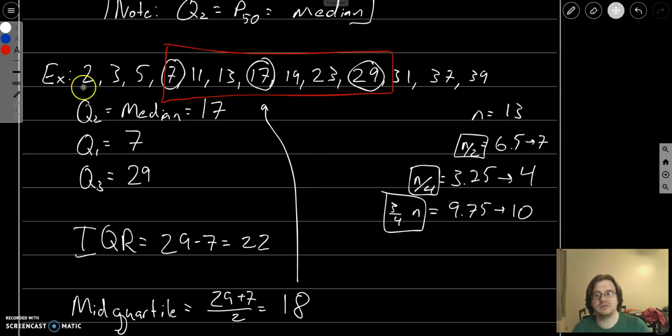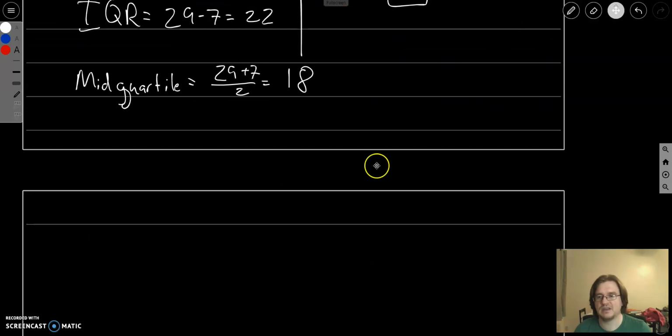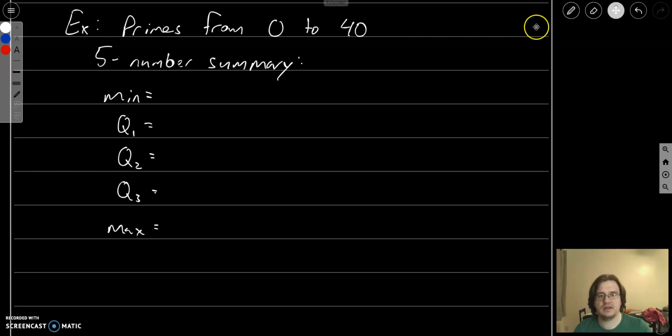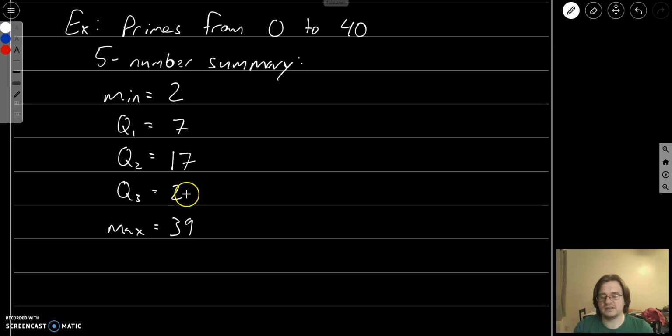We're missing the minimum, which is 2, and the maximum, which is 39. So let's fill this in. Again, the minimum was 2, the maximum was 39, the median value was 17, and we had 7 and 29 as the first and third quartiles respectively.